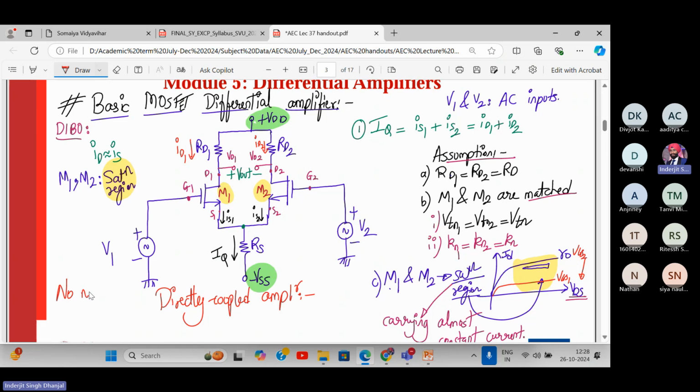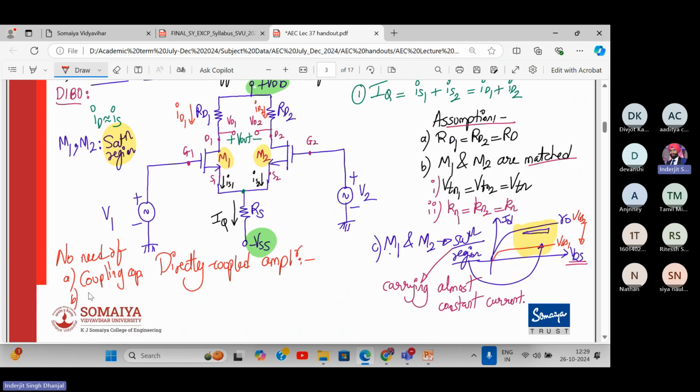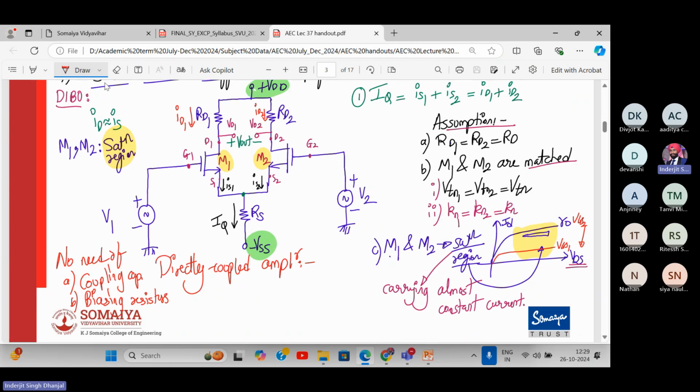So there is no need of coupling capacitors, and no need of biasing resistors. Yes or no? That is why this configuration is more famous in integrated circuits. Okay, understood?